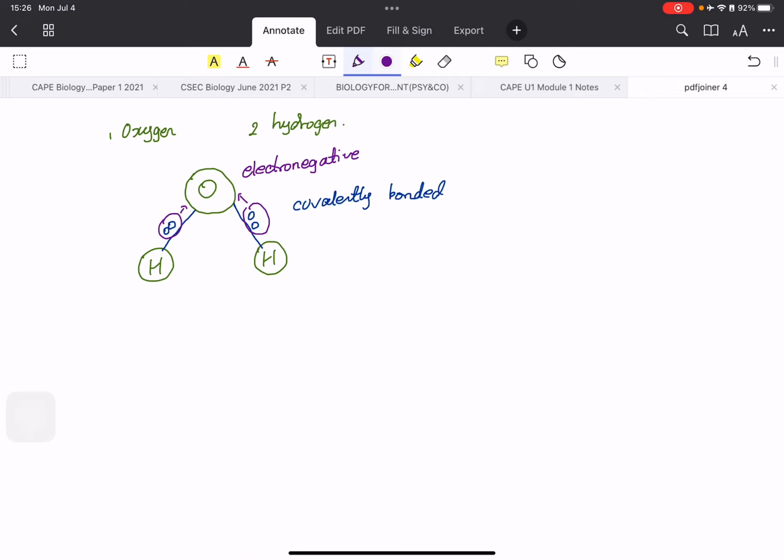The electrons are more gravitated towards the oxygen atom. Now, remember that an electron is negative, right? Remember, in your atom, the proton is positive, the electron is negative.